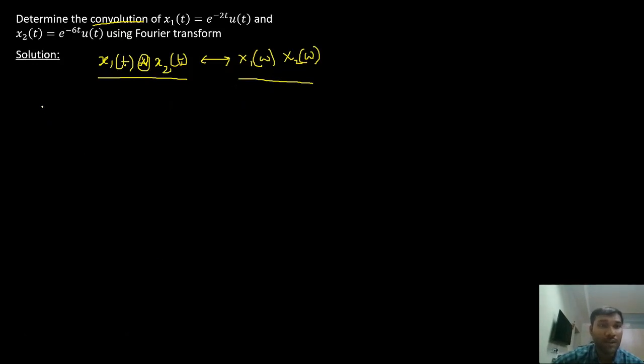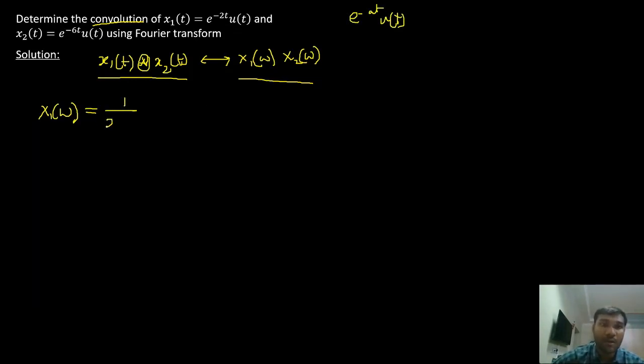So what is my X1 of omega? This is in the form of e power minus at into u of t, so my Fourier transform for that will be 1 by a plus j omega.